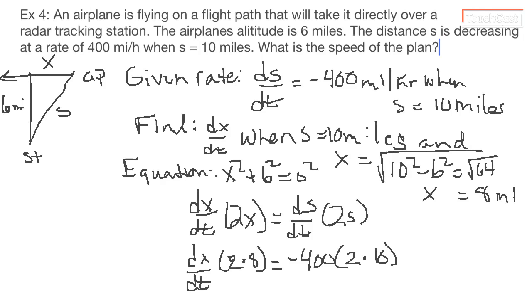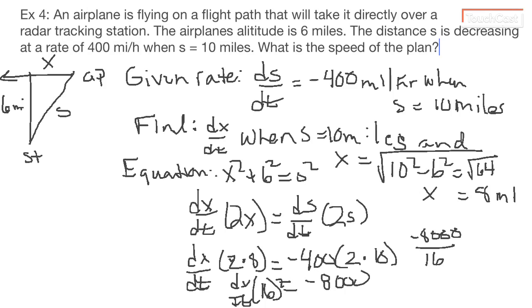Negative 400 times 2 times 10 gives us negative 8,000. And 2 times 8 is 16. So we've got dx/dt times 16 equals negative 8,000, and we're going to divide the negative 8,000 by 16.